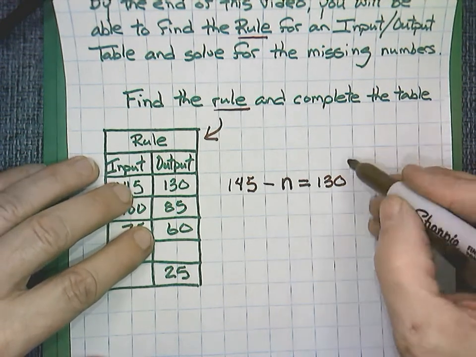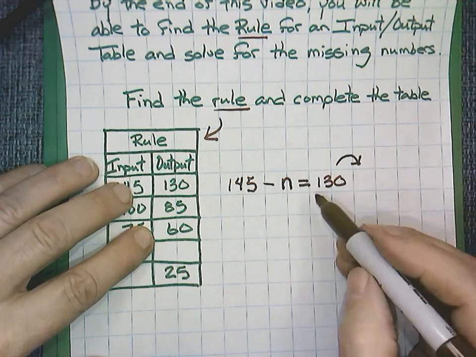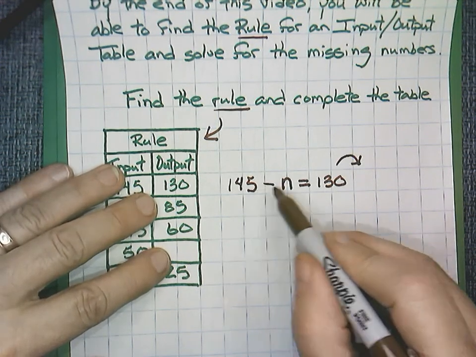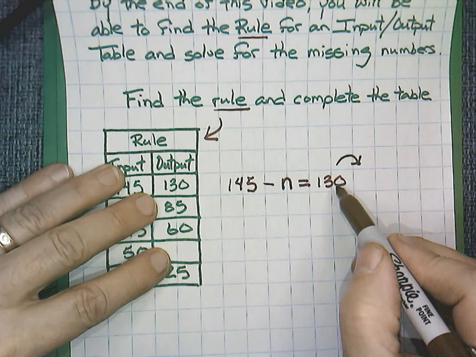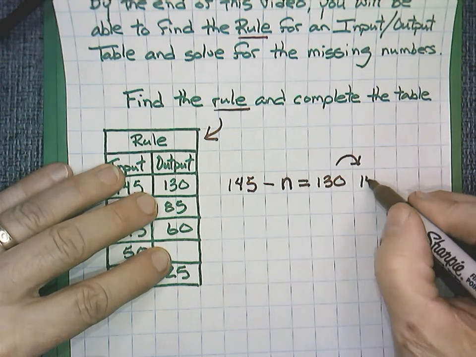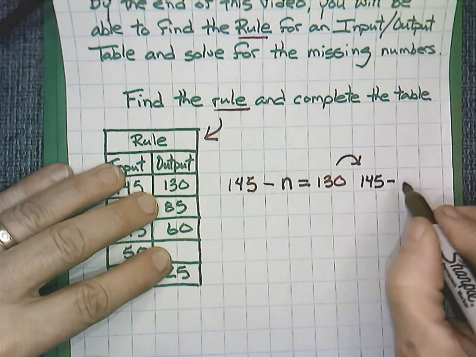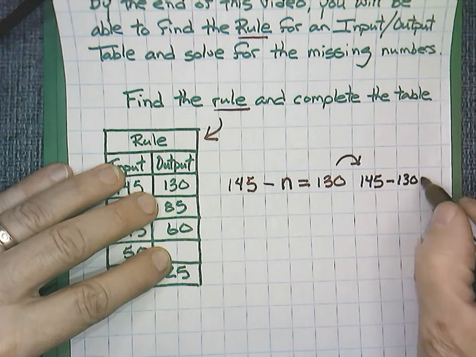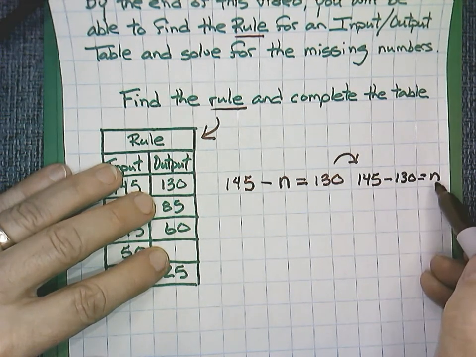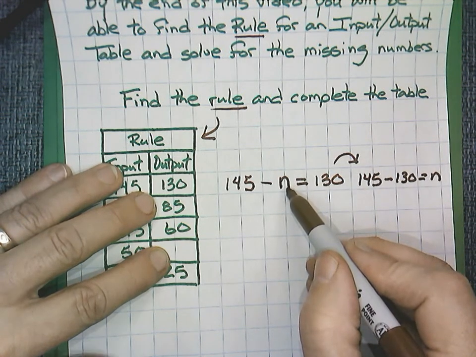Well, I can use my fact families information. This time I'm not going to switch it from subtraction to addition. I am going to subtract, but I'm going to switch 130 with n. So in other words, it's going to be 145 minus 130. That will equal n. When I solve for n, that will give us this number here as well.